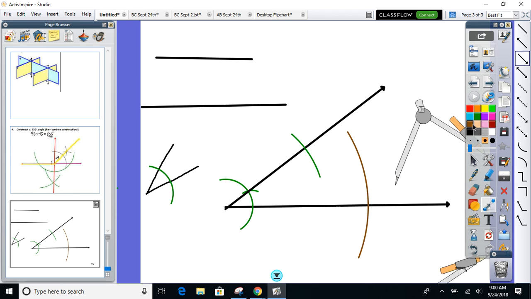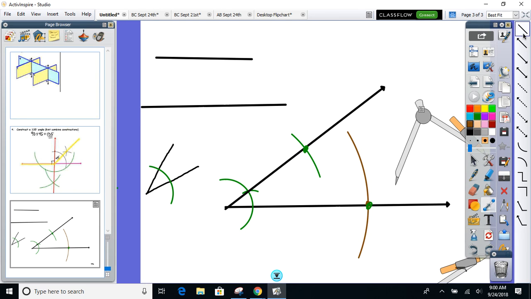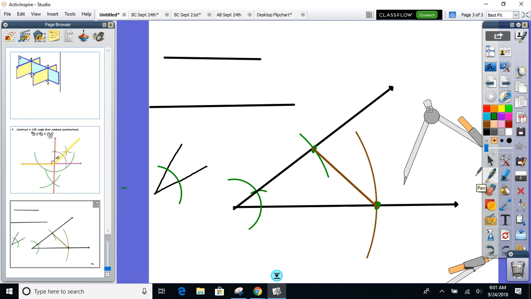All right, so I have this point, I have this point, I have this point. Two sides are these two. That angle is congruent to that one. And how do I make the third side? Connect those points of intersection. Okay, so now I have a triangle where these two sides match these two, and this angle is congruent to that one.